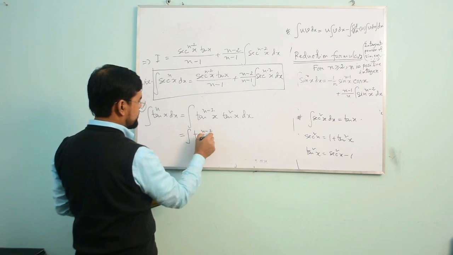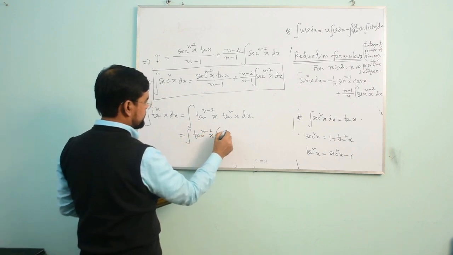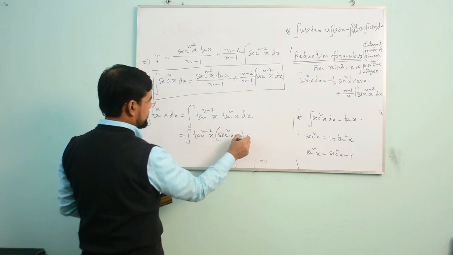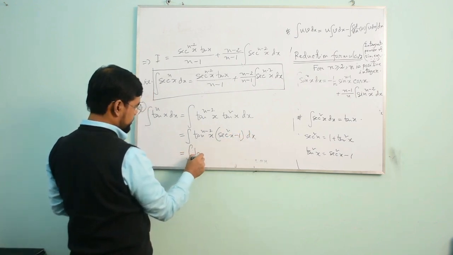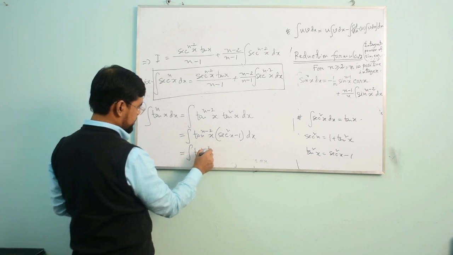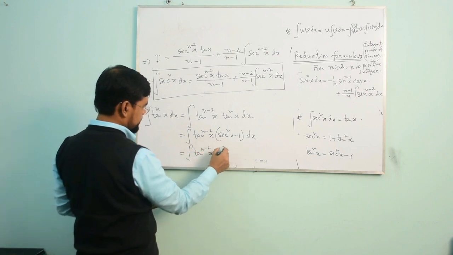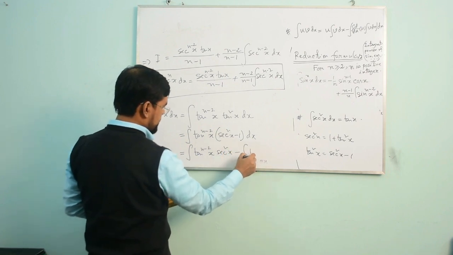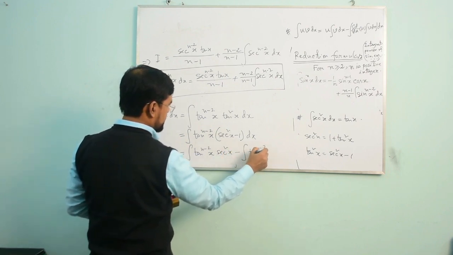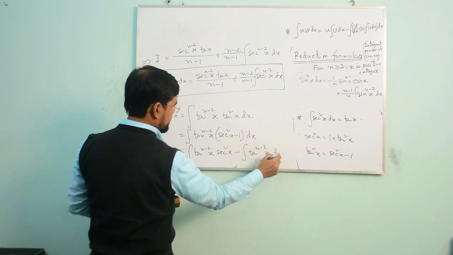So tan^(n-2) x into (sec^2 x minus 1) dx, which is equal to integration of tan^(n-2) x sec^2 x minus integration of tan^(n-2) x dx.